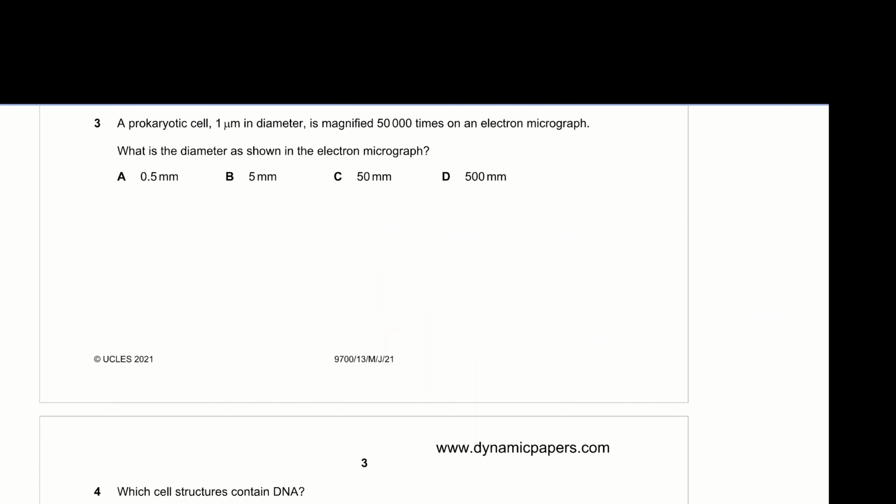3. A prokaryotic cell, 1 micrometer in diameter, is magnified 50,000 times on an electron micrograph. What is the diameter as shown in the electron micrograph? Here it's asking us for the image size, so let's draw the equation for the magnification. How to calculate this is we multiply the actual size by magnification.